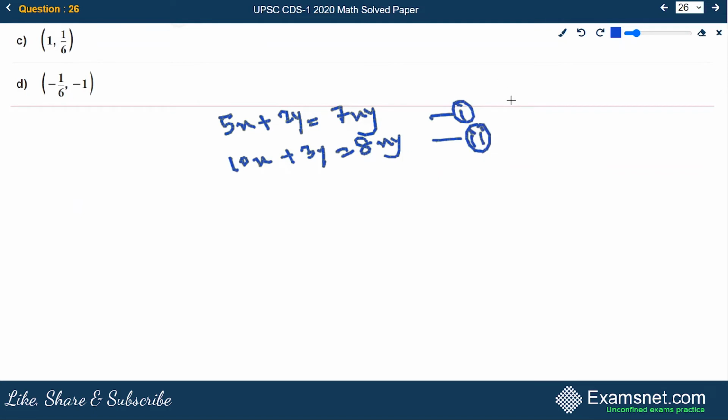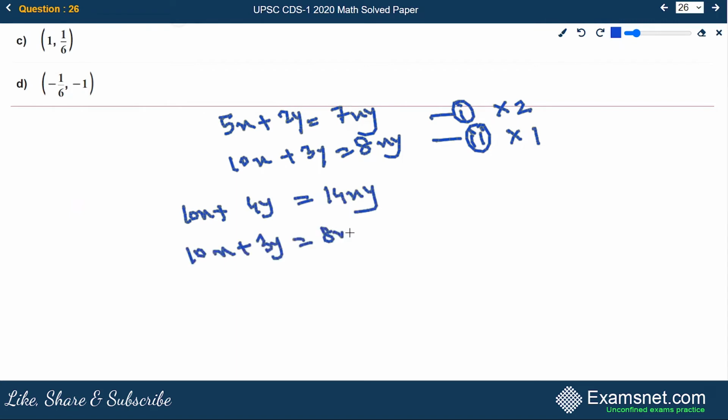If we multiply the first equation by 2 and the second equation by 1 and then subtract, we will get 10x plus 4y equals 14xy and 10x plus 3y equals 8xy.